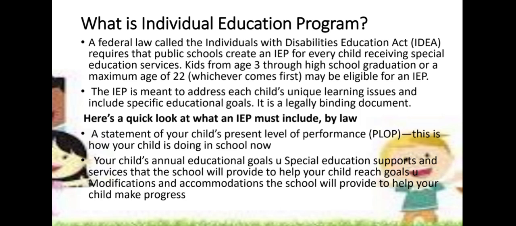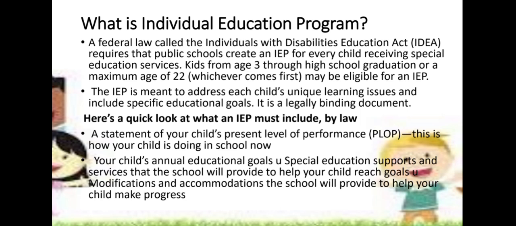So in order to be qualified in this individual education program, the child must have one of the 12 special learning disabilities listed in the Federal Special Education Law, or the IDEA. IEP must include a statement of your child's present level of performance, or PLOP.